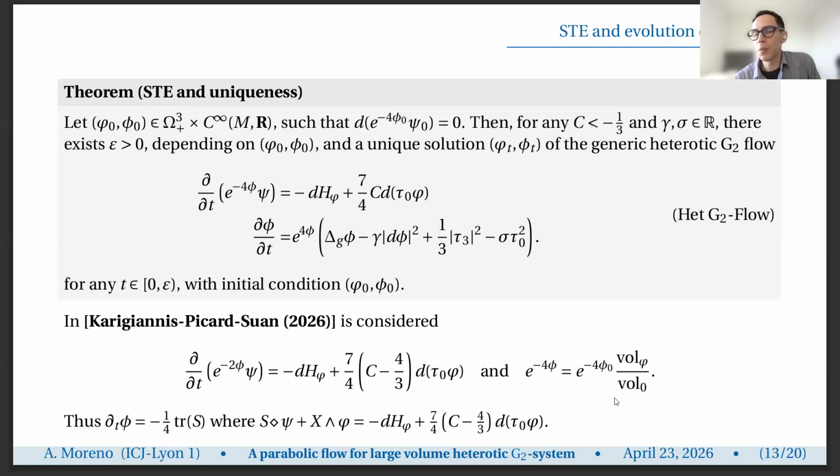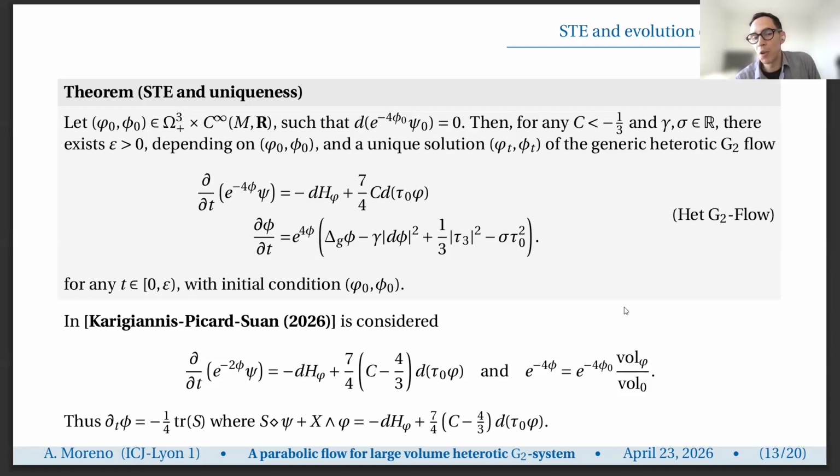This volume constraint means that the dilaton is going to evolve by exactly this equation, by -1/4 the trace of S, where S is the symmetric tensor describing this four-form. So in some sense, the evolution of the dilaton in this flow can be recovered using some very particular parameters of gamma and sigma.